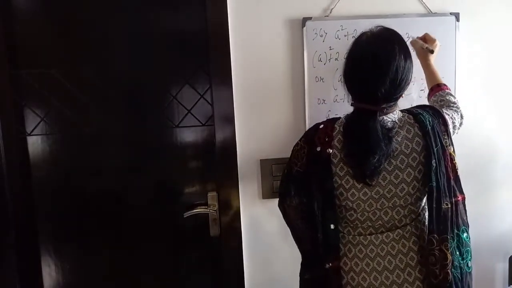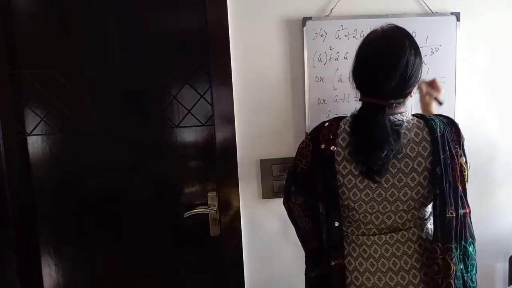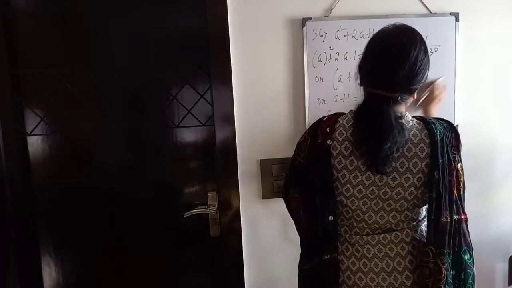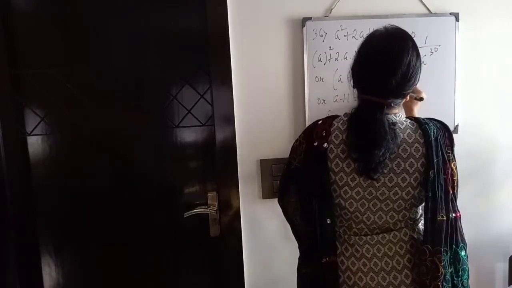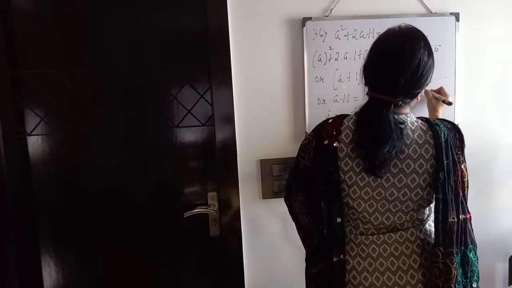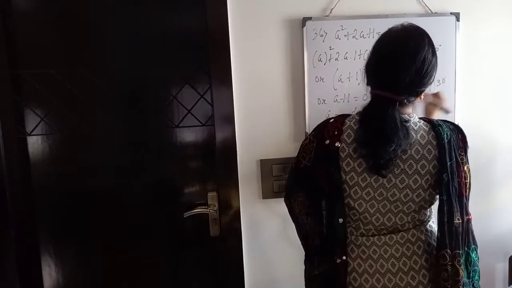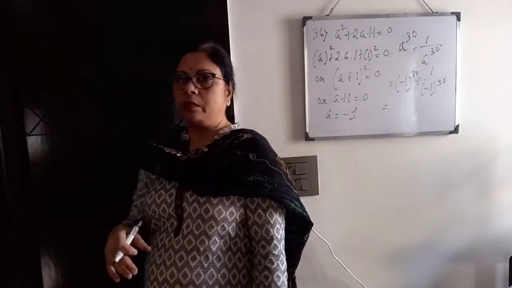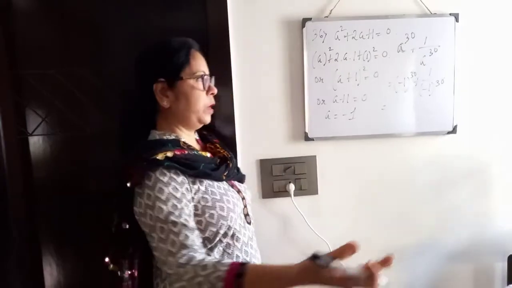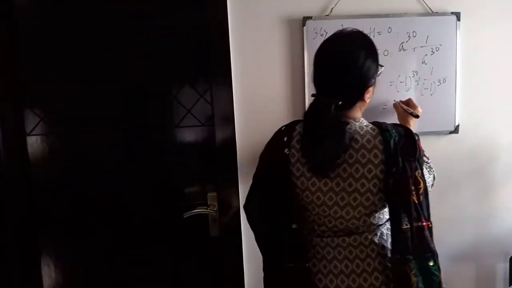Suppose it is given 30. Then minus 1 to the power 30 plus 1 by minus 1 to the power 30. Now minus 1, when you multiply an even number of times, it will become positive.